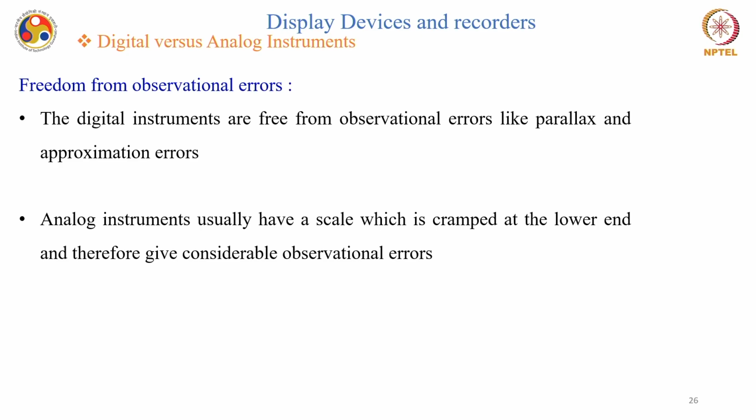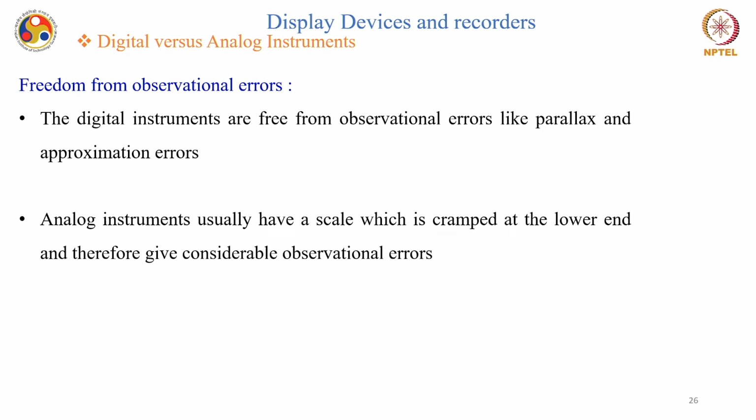Now, the biggest advantage that we have seen for digital instruments is freedom from observational errors. The digital instruments are free from observational errors like parallax and approximation errors, which was one of the biggest challenges in case of the analog meters.